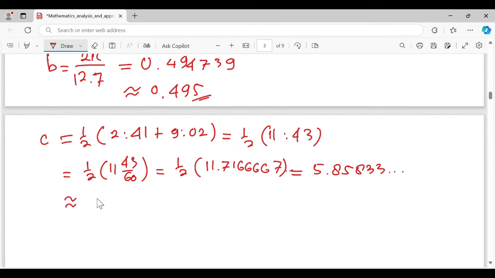You can approximate it to 5.86. So this is C.